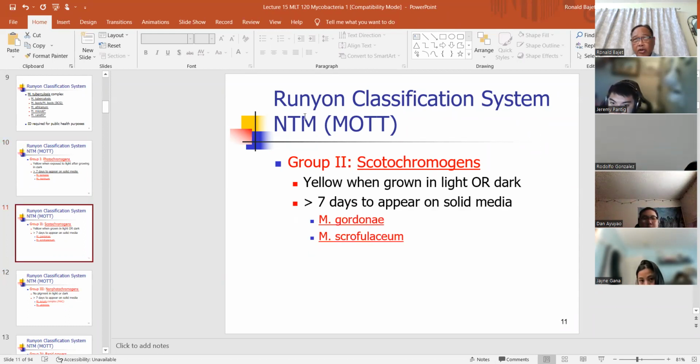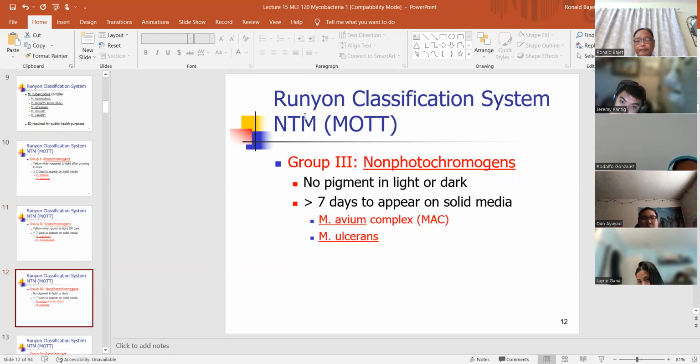This one, in the dark, is already yellow, and once you open the door, of course, it's going to be yellow as well. This one also takes more than 7 days to appear on solid media. The two species in this group are M. gordonae and Mycobacterium scrofulaceum.